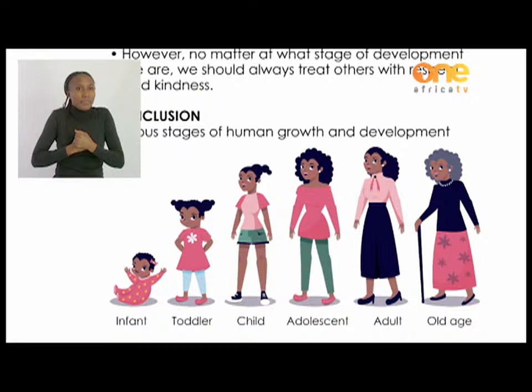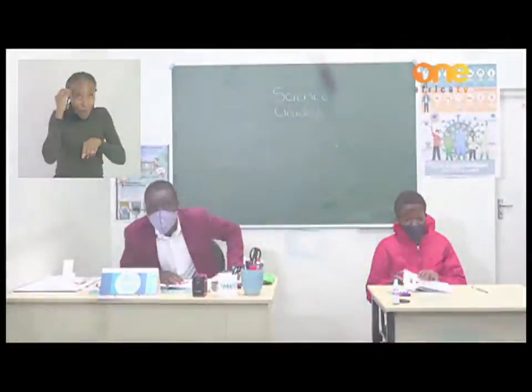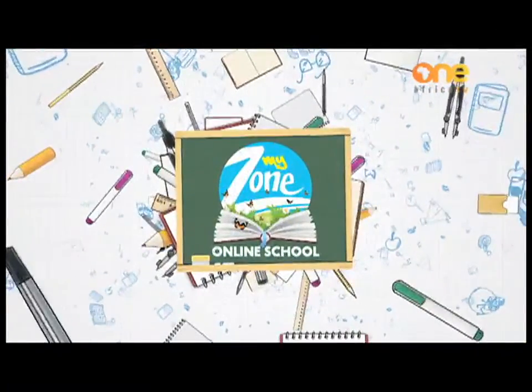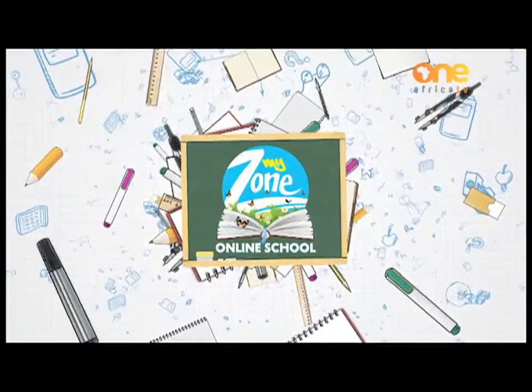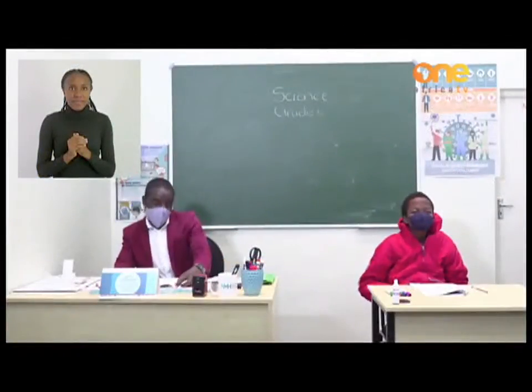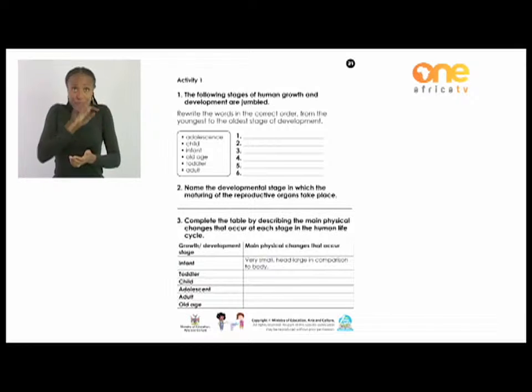I hope you have listened very well. Let's test our knowledge. Let's go to page 21, activity 1 for the day. Question 1. The following stages of human growth and development are mixed up.